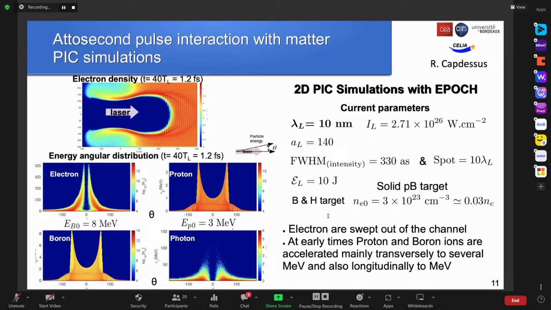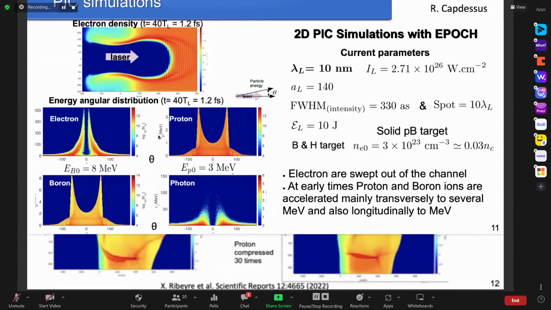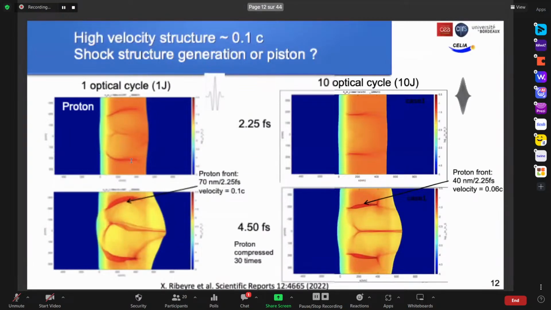This can be of interest for some applications, because if you look at this slide, what we show is the proton density in two cases. On the left, you have a case with just one optical cycle in the laser pulse, with 1 joule of total laser energy, and we compare it to a 10 joule case. All the parameters are kept the same, except here the duration is 10 optical cycles.